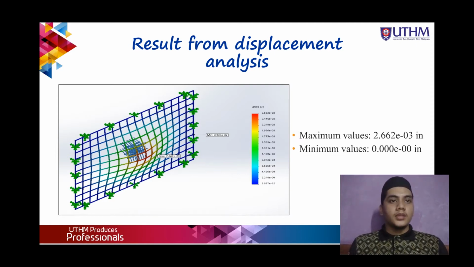I forgot to mention that the fixture that we chose at the bottom of the cage is the side part of the net. The maximum value from the displacement analysis is 2.662 E minus 03 inch, while the minimum value is 0.00 E minus 00 inch.